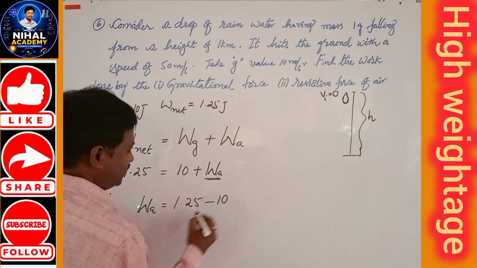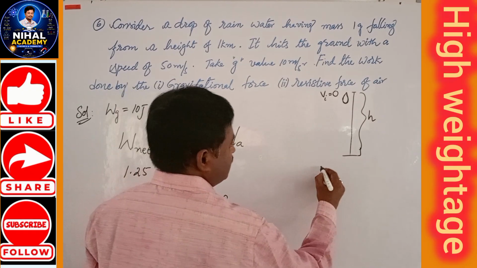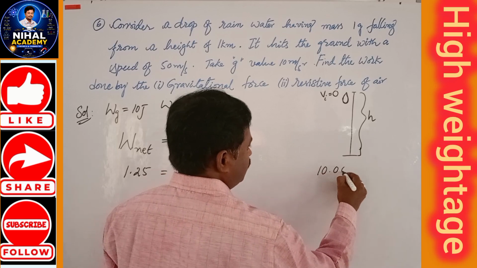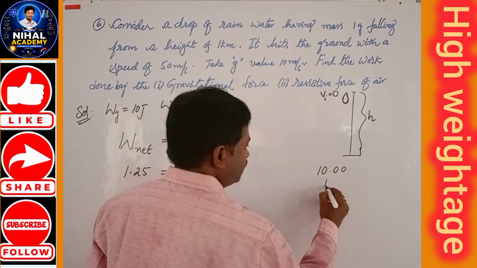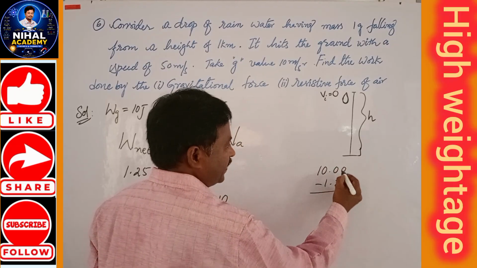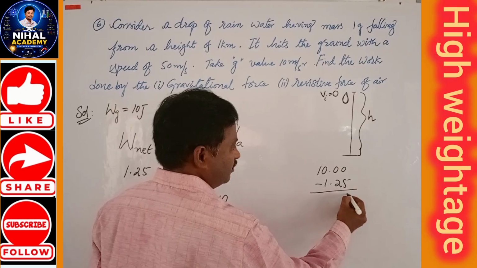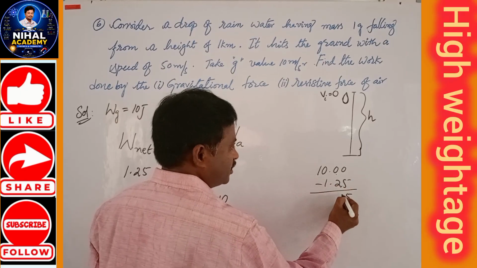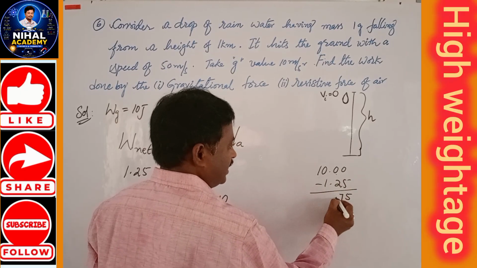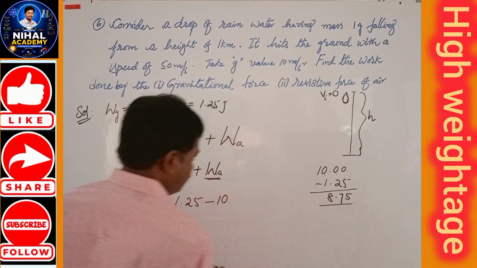1.25 minus 10, so this is equal to minus. 10.00 minus 1.25, so subtract, we have to borrow: 10 minus 5 is 5, 9 minus 2 is 7, 9 minus 1 is 8, so 8.75.